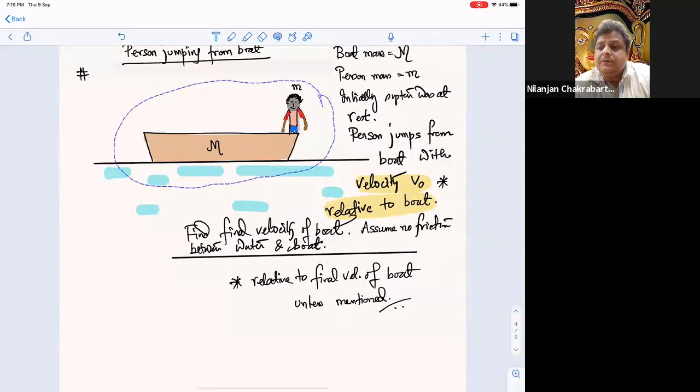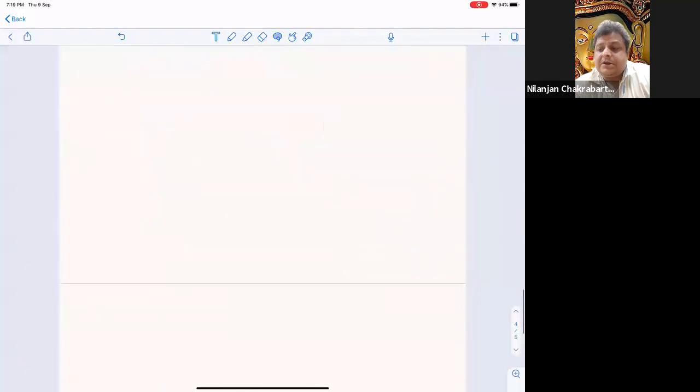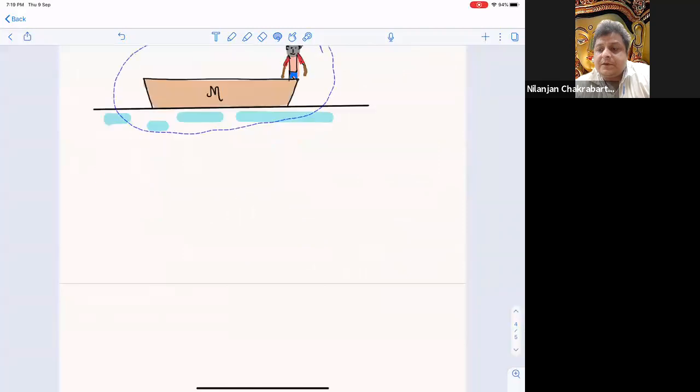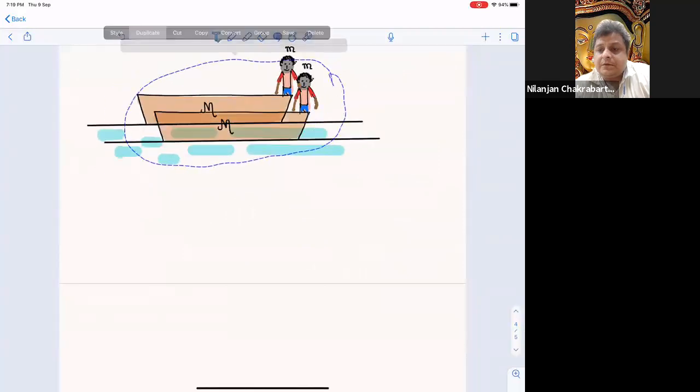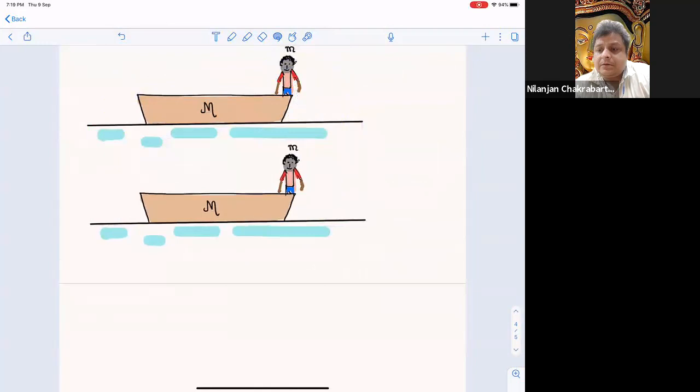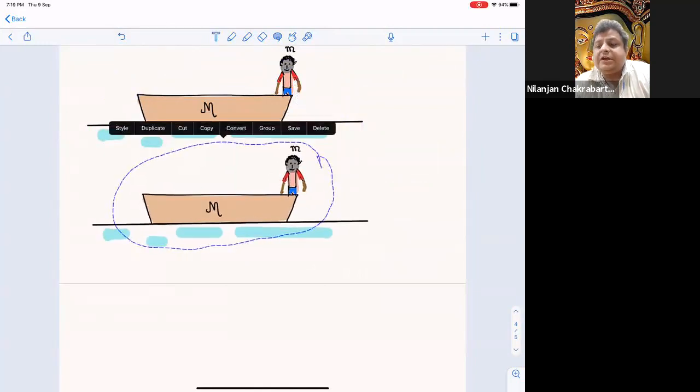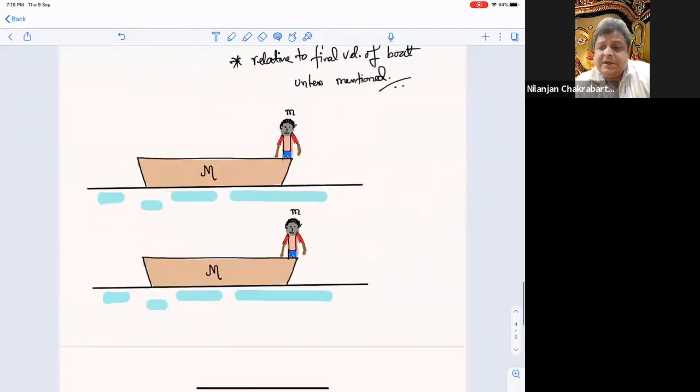So now, these two diagrams are needed. This is the initial state, and that's the final state.